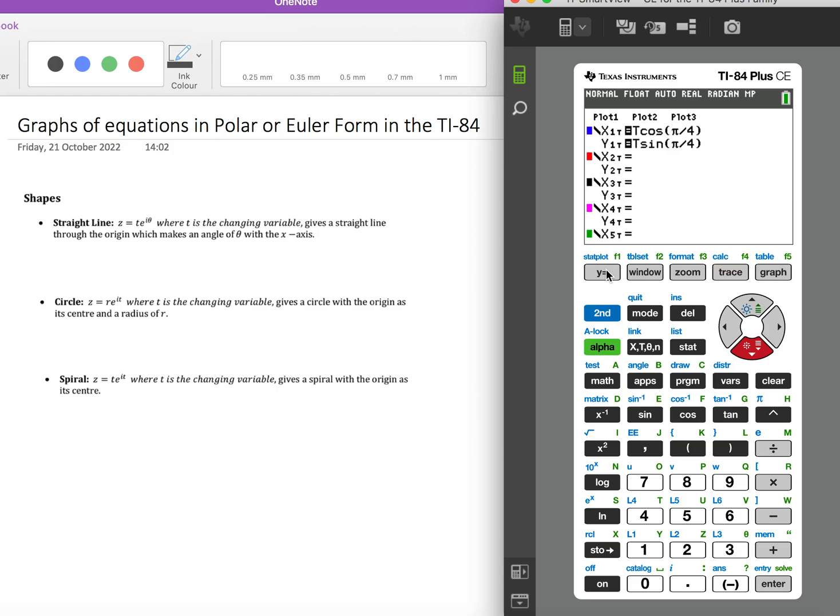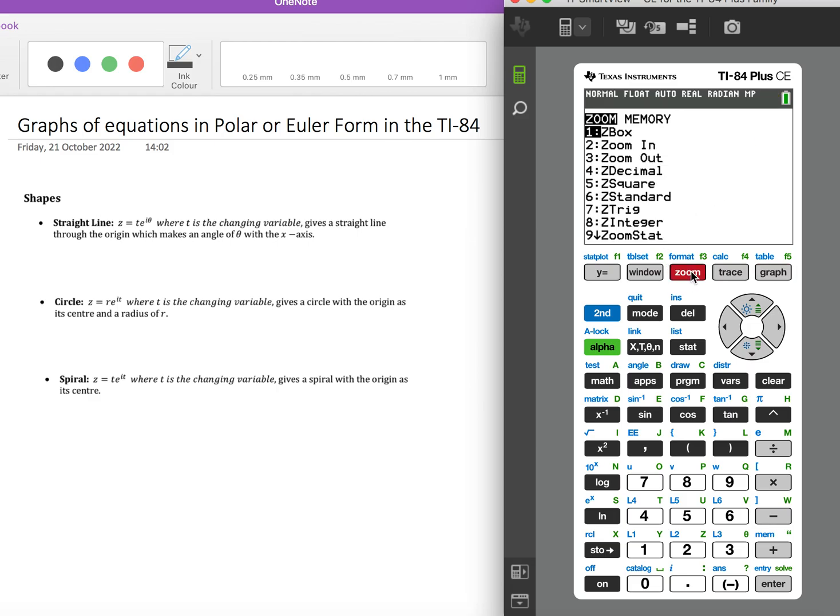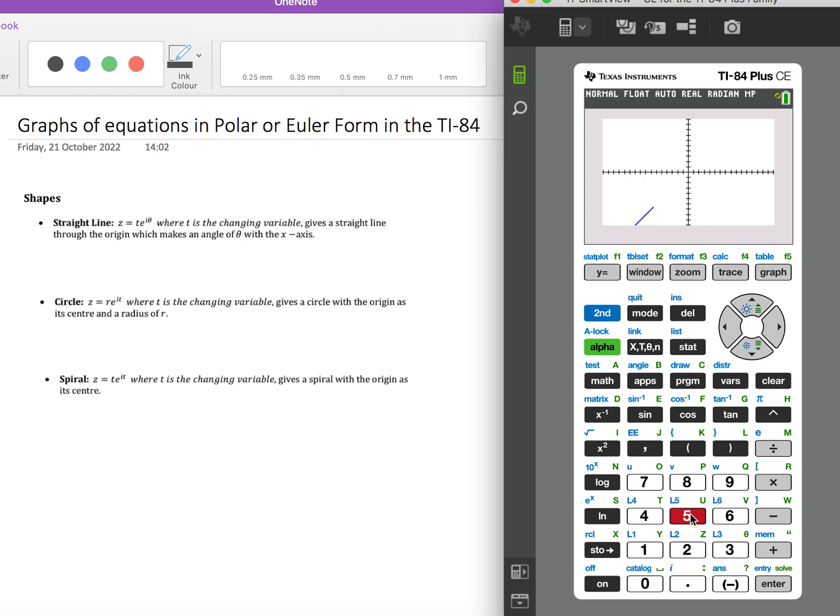For example, let's do the radius to be 2, so 2 cosine of our variable t, and then 2 sine of our variable t. That should give us a circle whose radius is 2. Okay, that does not look like a circle. We can probably make the window square so that it will look more like a circle.